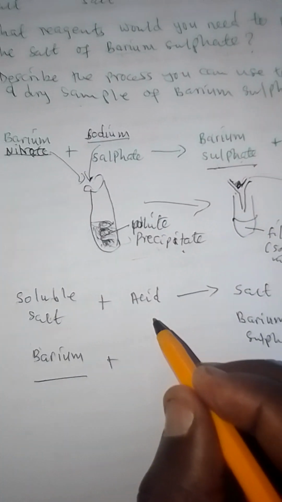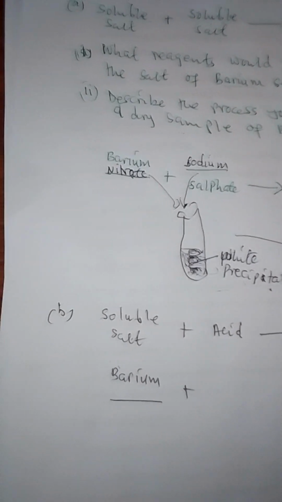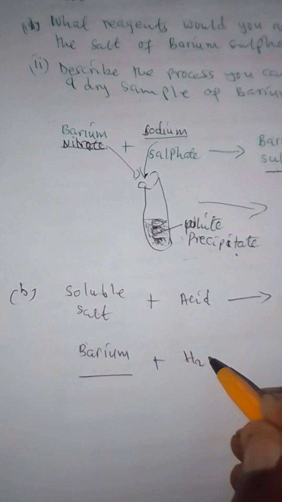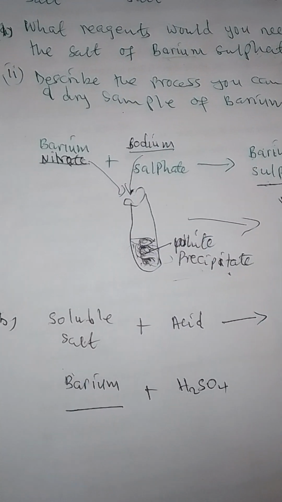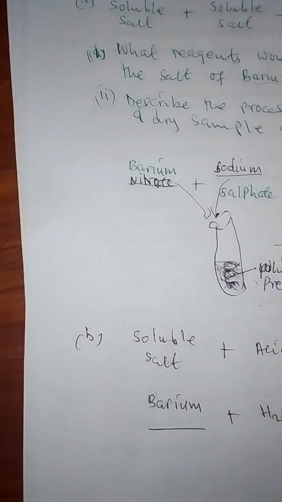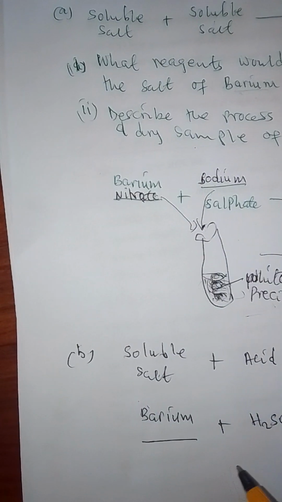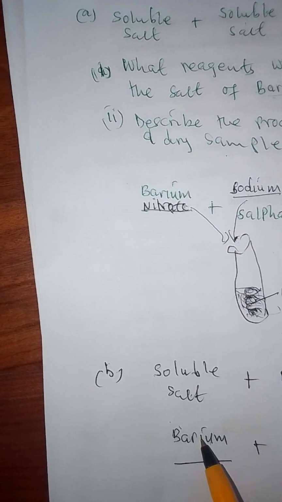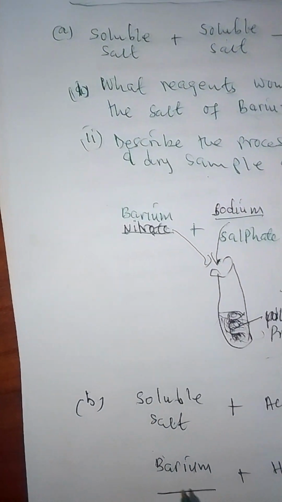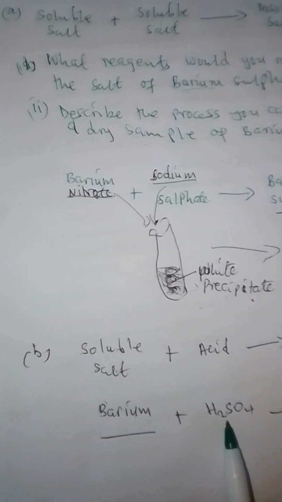Then plus the acid. Which acid will give us a sulfate? Of course, it's sulfuric acid. This one, sulfuric acid. Have you seen it? So that now the salt that we can produce out of this is barium. First, we have to know the barium compound that we can use to react with this.